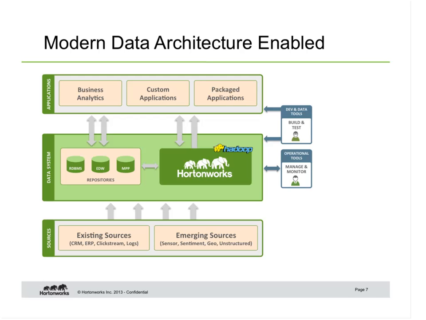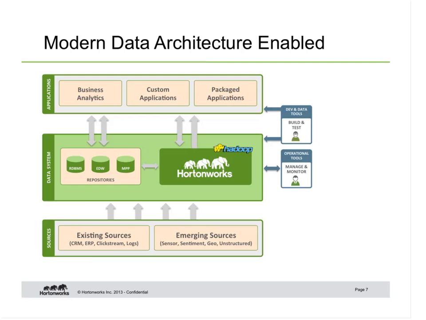So Apache Hadoop is a scalable, flexible processing and storage engine and data system that sits alongside your EDW, your MPPs, your OLTP databases, and allows you to capture new and existing sources that vary in volume, variety, and speed of data coming in. And this joint data system then enables and powers your existing custom reporting applications. You can build new applications on top of Hadoop, and that way you enable your different skill sets.